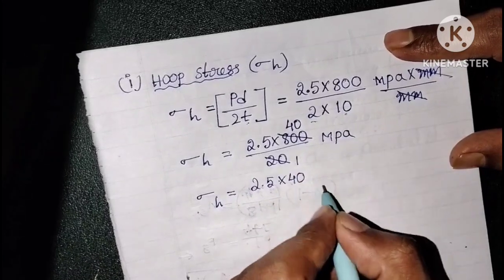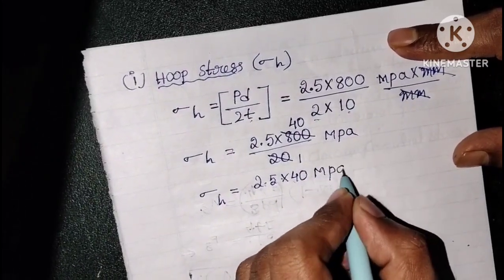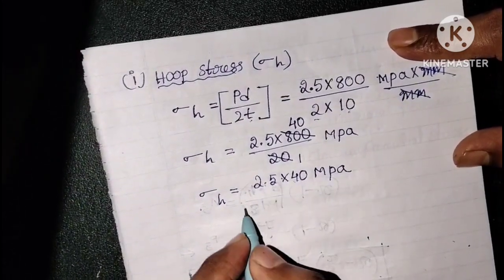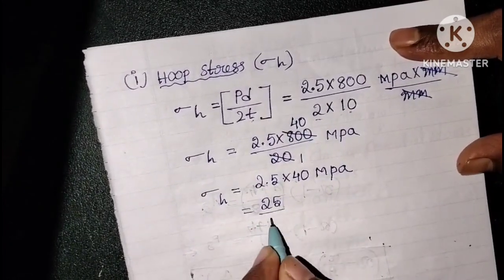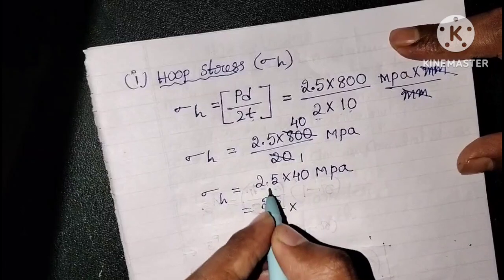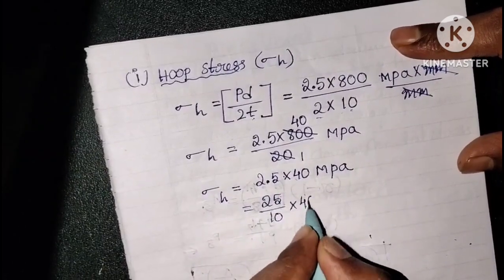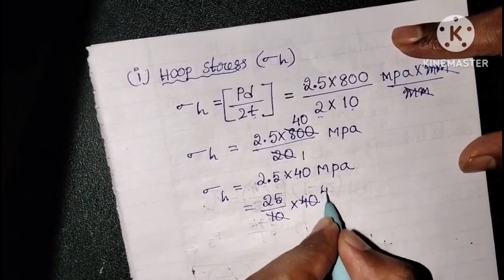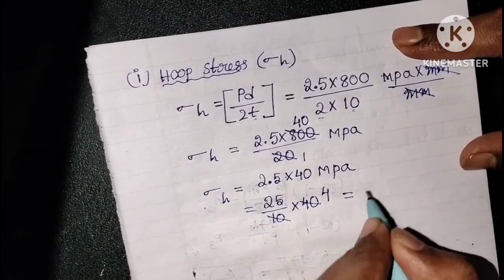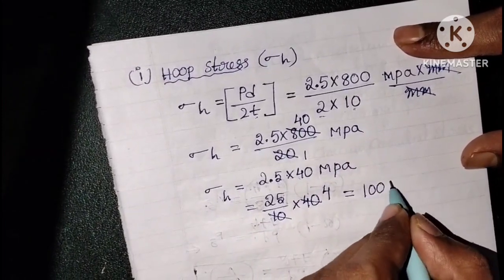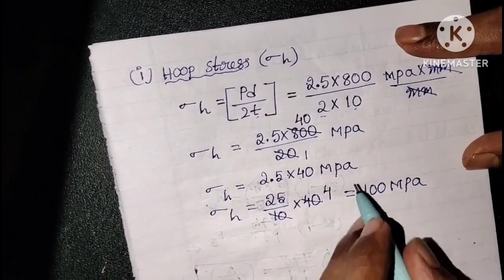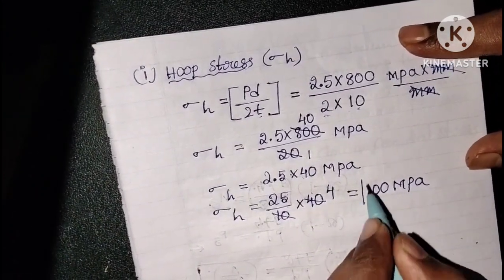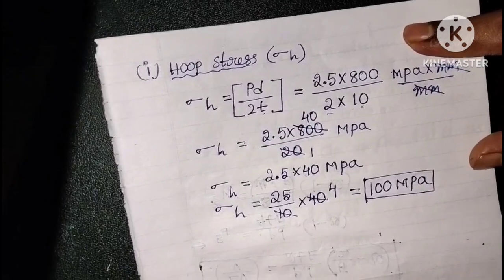Stress unit megapascal or Newton per mm square. 2.5 can be written as 25 by 10, into 40. So 25 into 4 is 100. Therefore hoop stress is equal to 100 MPa.